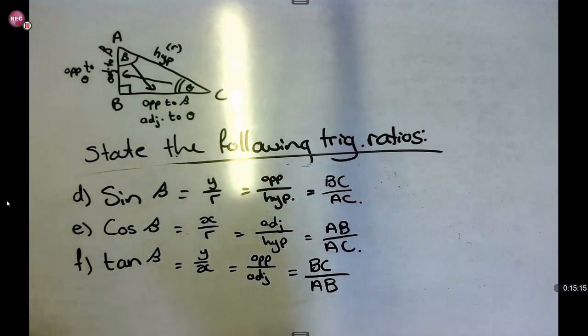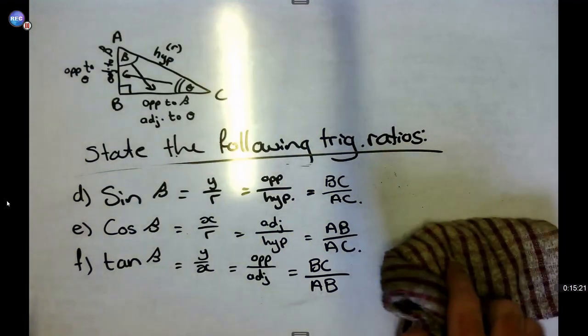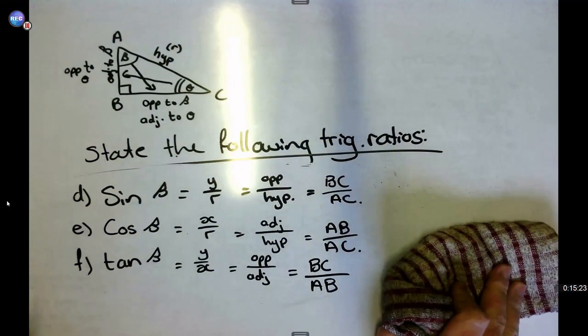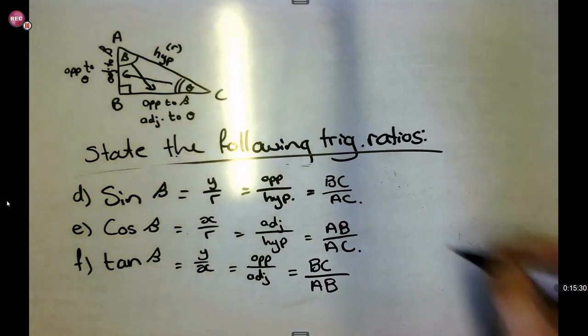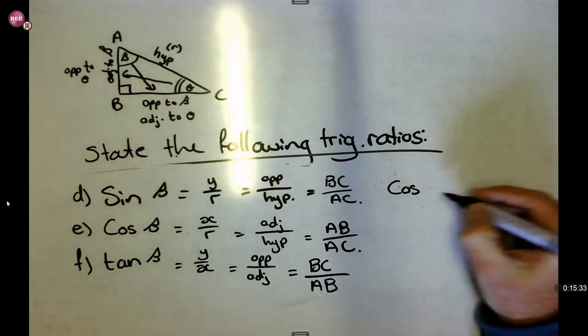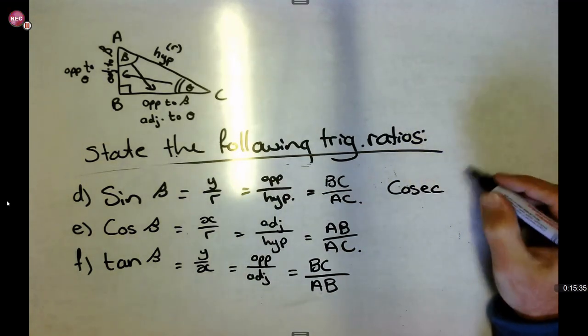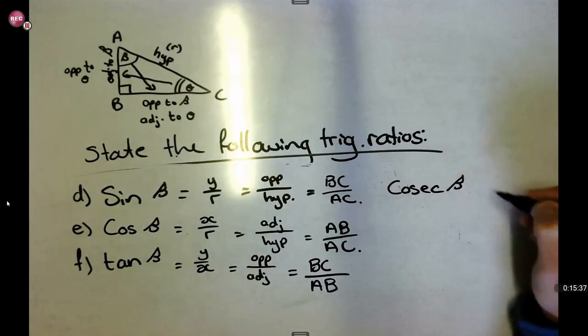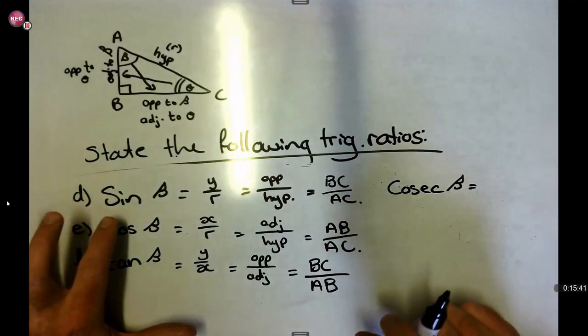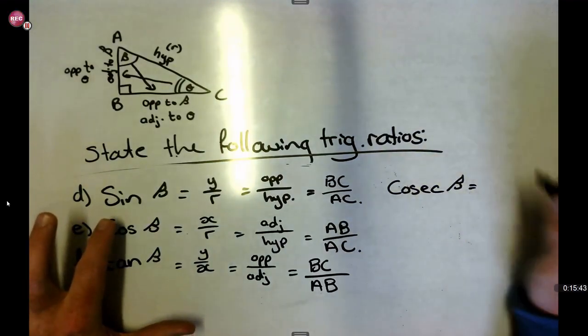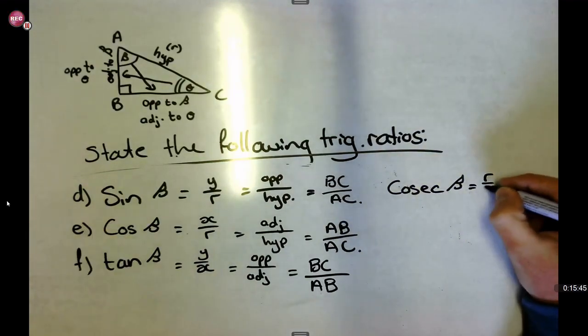Remember, these are the normal functions. If you had to do the reciprocals, it would look as follows. If I had to do cosec of beta, for instance, you know that cosec is the reciprocal of sine, which becomes r over y.